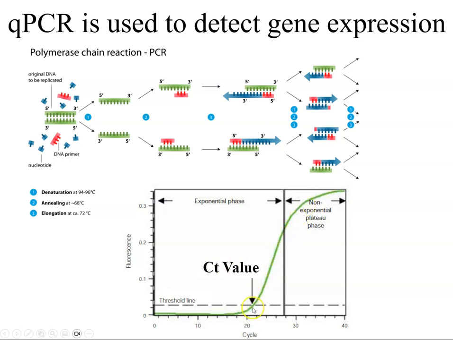Typically, depending on how much template we started with, that threshold value is going to change. If we have more, that threshold is reached in fewer cycles of the PCR reaction. And if there's less of our starting transcript, it's going to take more cycles to see that. So you can see that in this next figure.